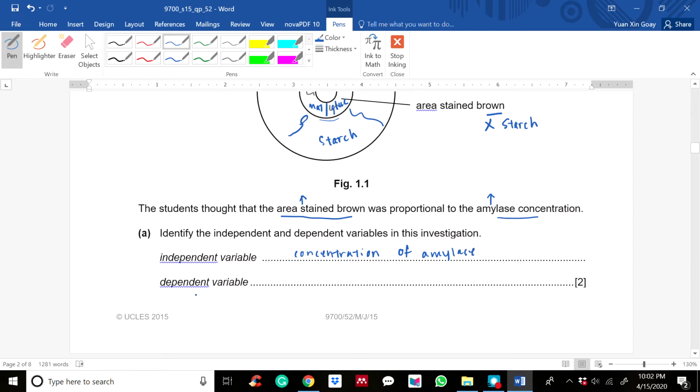Dependent variable is the variable in an experiment that is measured. In this case, it is the area of stained brown. Or you can just write diameter of brown zone.